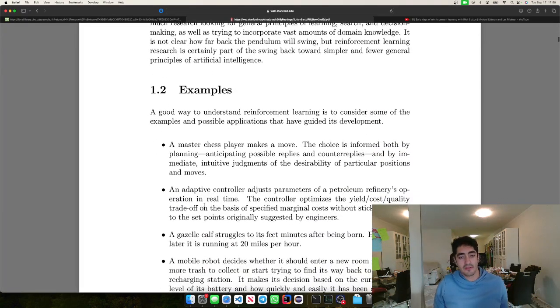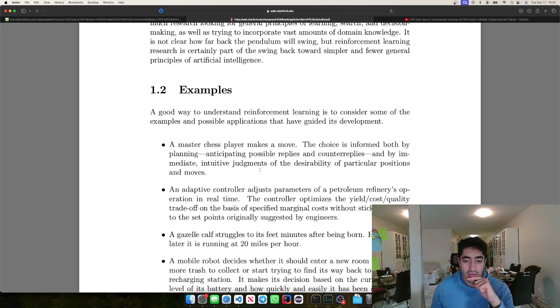Alright, examples. A good way to understand reinforcement learning is to consider some of the examples and possible applications that have guided its development. A master chess player makes a move. The choice is informed both by planning, anticipating possible replies and counter replies, and by immediate intuitive judgments of the desirability of particular positions and moves.